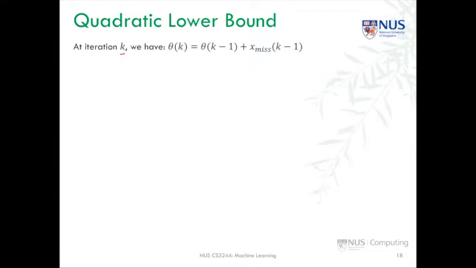So we're going to say at iteration k, we have a weight vector that was updated from the last weight vector at iteration k minus 1 by adding in the misclassified point from the k minus 1 iteration. So we can expand this out.